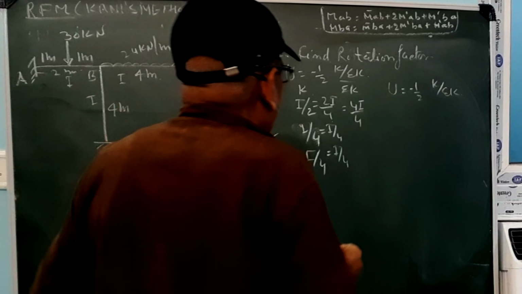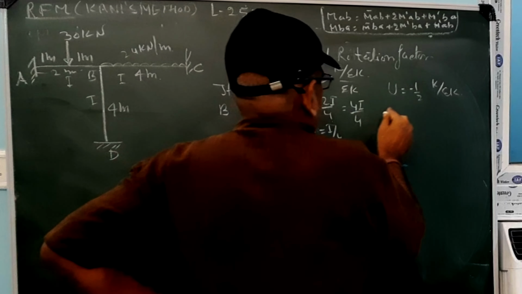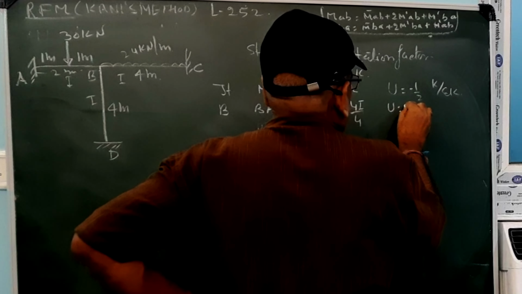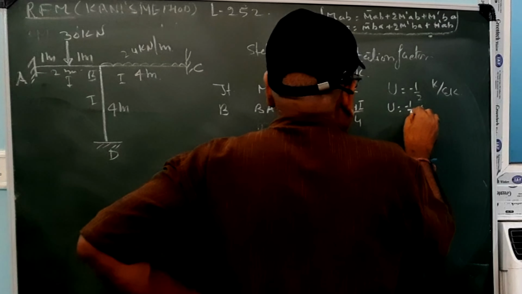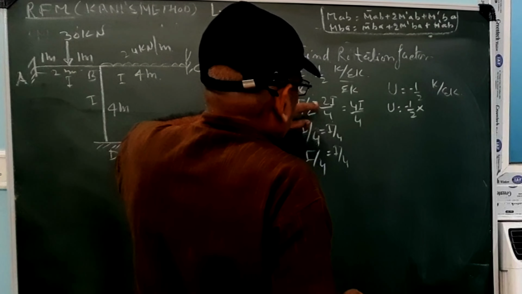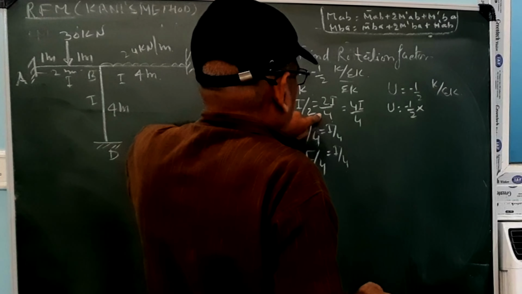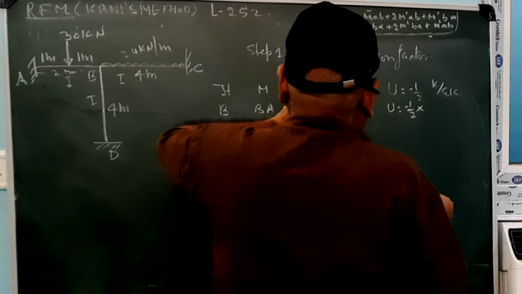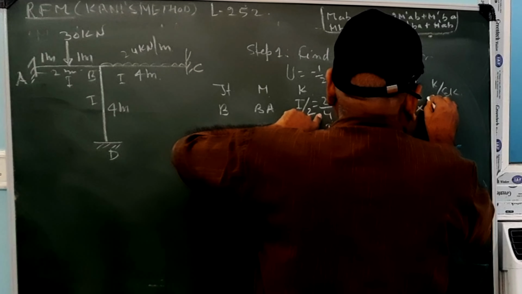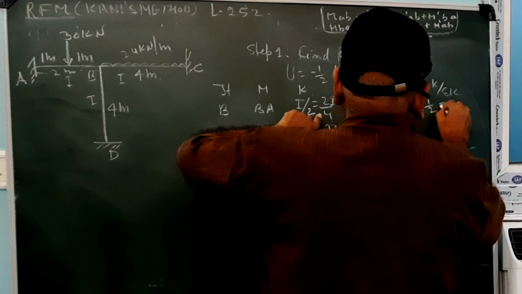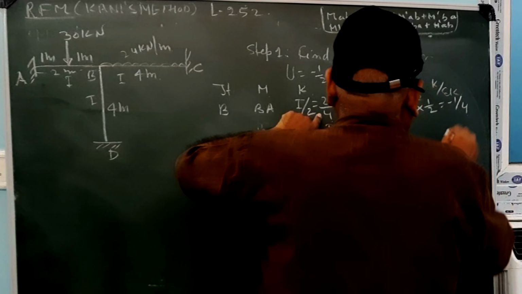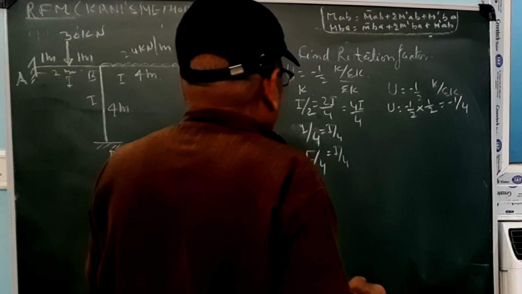U equals how much? U equals -1/2 into K. K is 2I by 4 over 4I by 4, the I by 4 cancels, so this is 2/4 meaning 1/2, so this is -1/4. What about this?